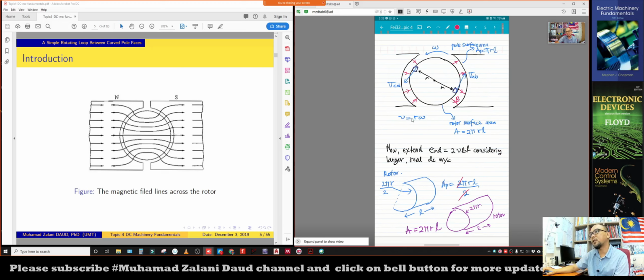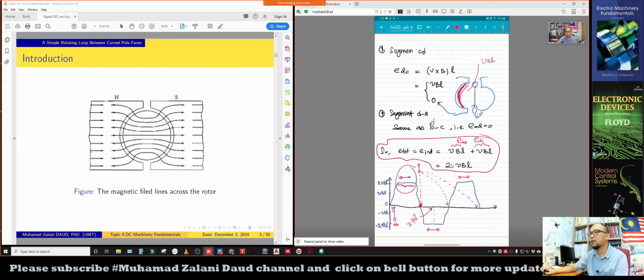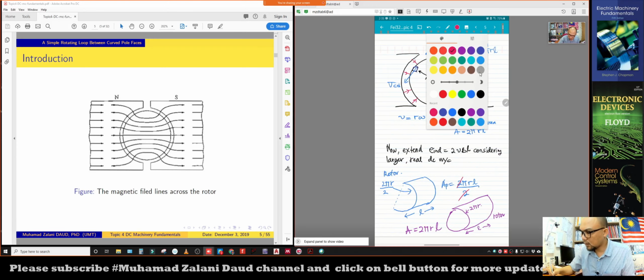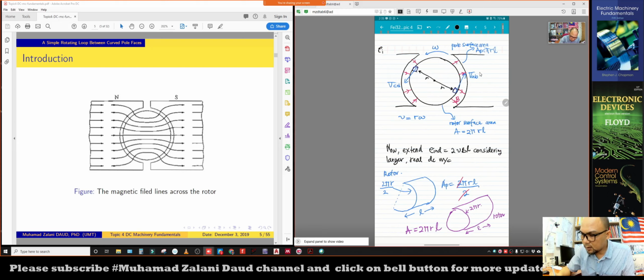Okay, then this part is where we are going to calculate a similar thing. We are going to expand the resultant 2 VBL, induced voltage equals 2 VBL here. We are going to extend that equation. So we have E induced equals 2 VBL, right? Now we are going to extend this equation using the pole surface area and also the rotor surface area.